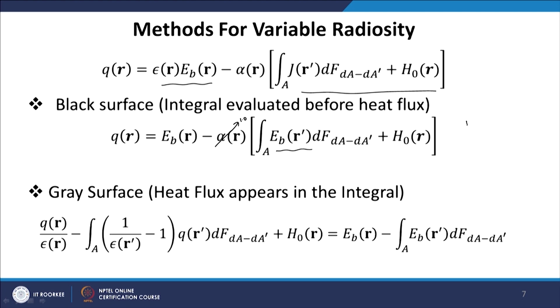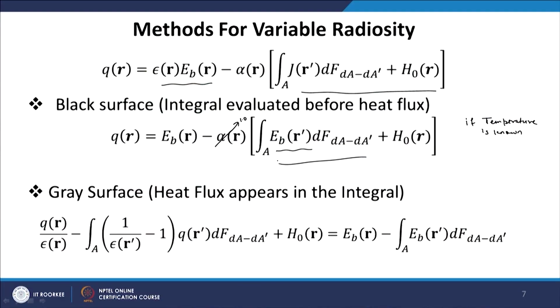Now, if the emissive power is constant, if temperature over all the surfaces is known, then the integral in this equation can be evaluated first, and then subsequently we can solve for the flux. So, please note, if the temperature at all the surfaces is known, we can solve for this integral before we solve for the flux.